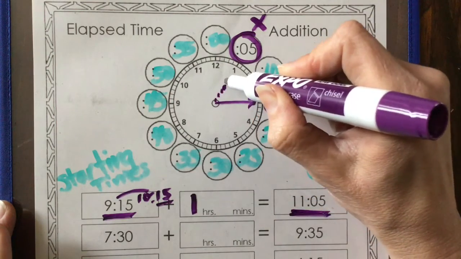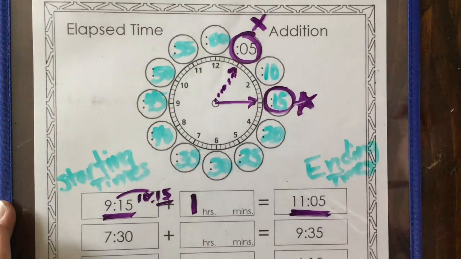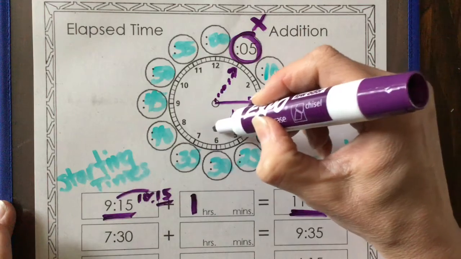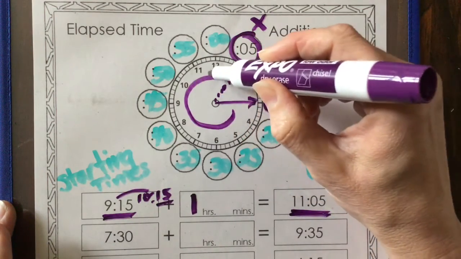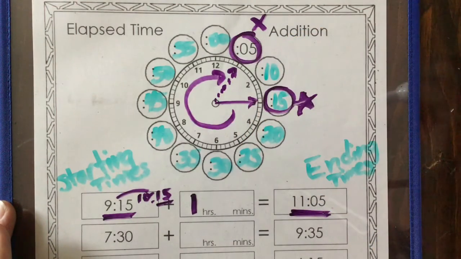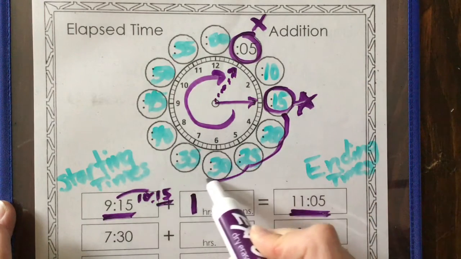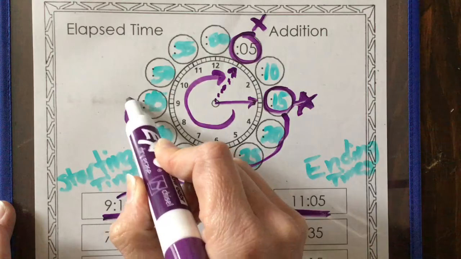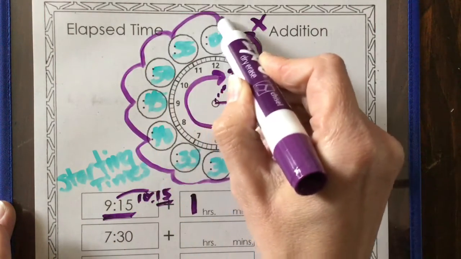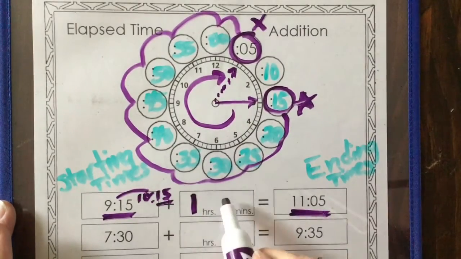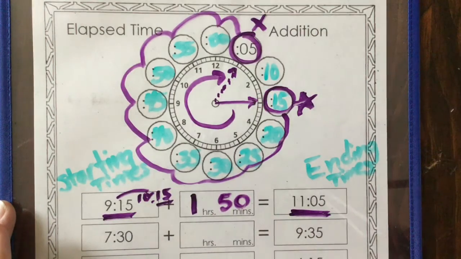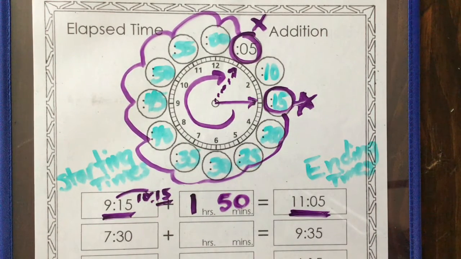So when I stop, remember that my minute hand will be there. Okay, and I'm going to count around the clock that way. So we can start here and count 5, 10, 15, 20, 25, 30, 35, 40, 45, 50. 50 minutes. So my total elapsed time is 1 hour and 50 minutes.